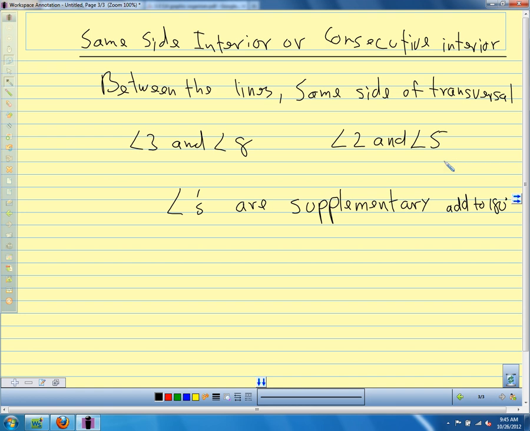So now we've taken care of the corresponding angles and the interior part of our graphic organizer, the part between the lines. So let's move over to the right and go to talk about the alternate exterior angles.